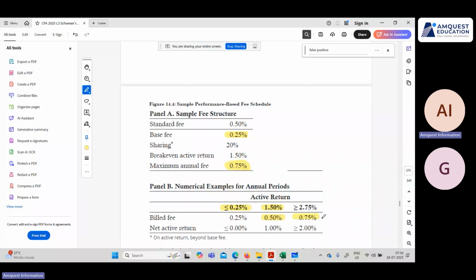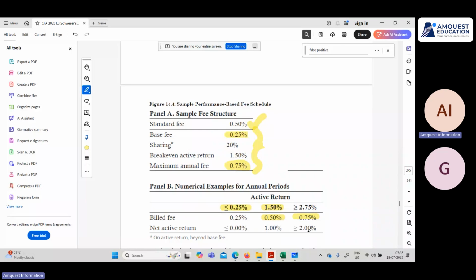Sometimes they give you an option: either you can follow this structure, or there's a standard fee of 0.5% every single time, and I'm not going to look at the performance fee at all. So that's another way to look at your fees, where you can choose an option which is 0.5% standard, where I'm not going to charge anything in terms of bonus, or you can follow this plan where your returns could look like this.